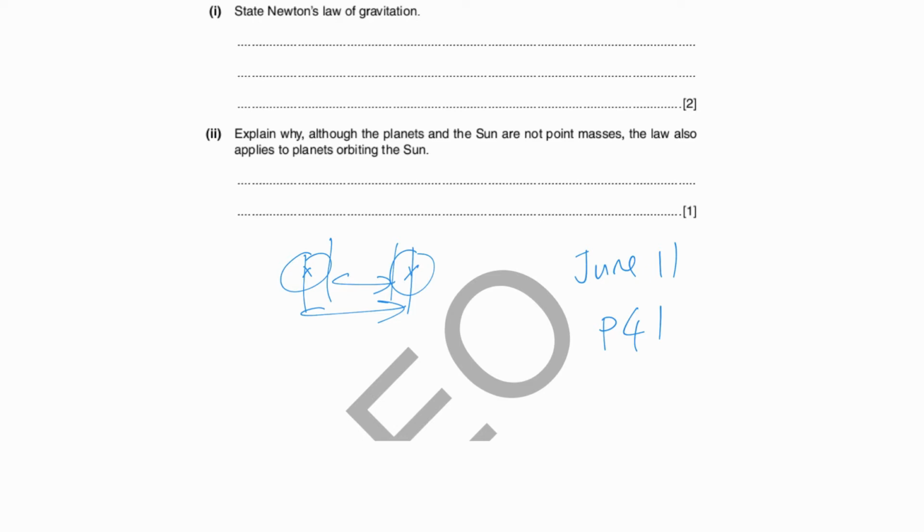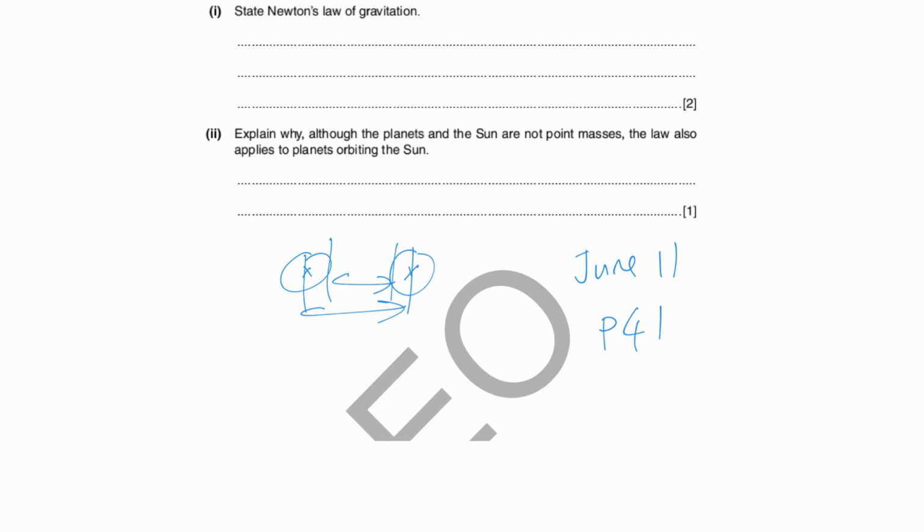That means if they're very far apart, let's say the error is 2 meters. If the distance is 10 meters, an error of 2 meters is 2 over 10, how much? 20% error. But if your error is 2 meters, but the distance is 100 kilometers, that error is insignificant. You understand?